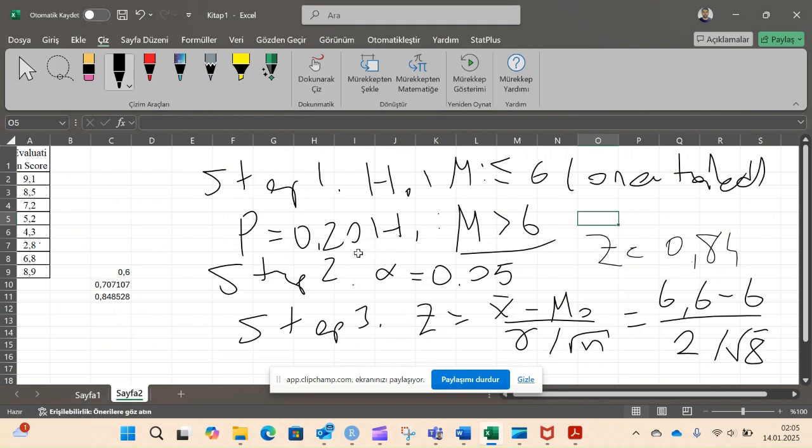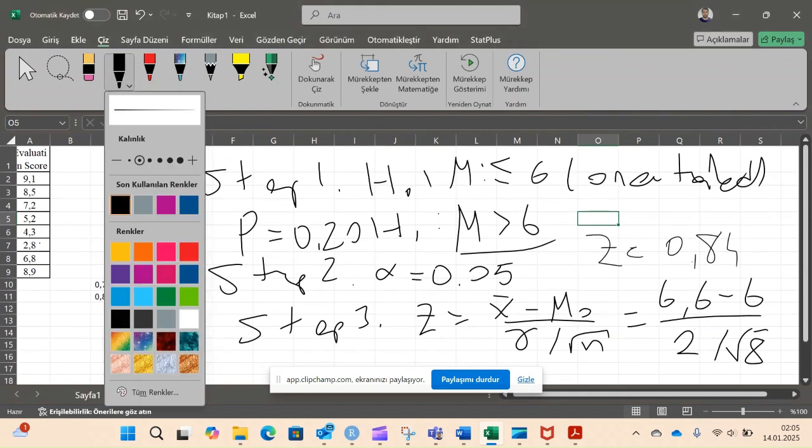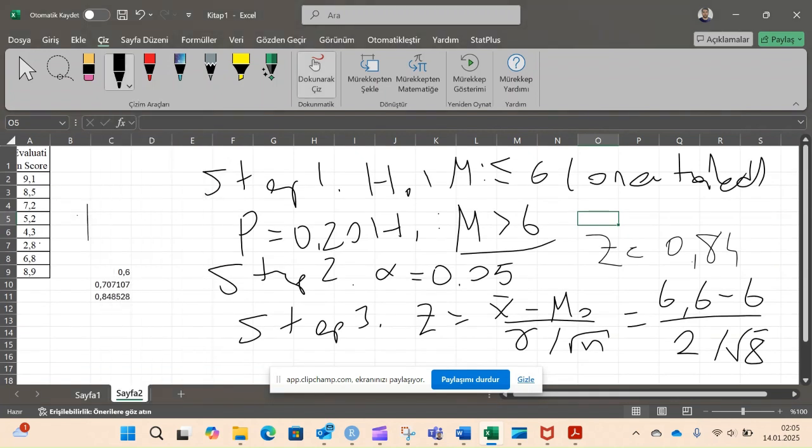As we find the p-value as 0.20, it is higher than 0.05. So when we check the table, we can find that the p-value is higher than 0.05.